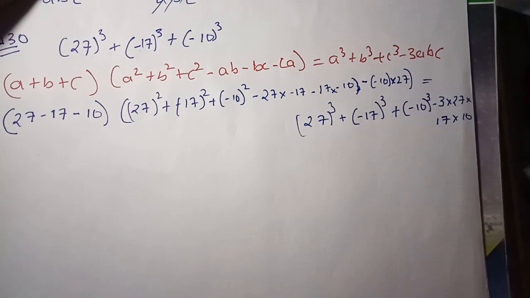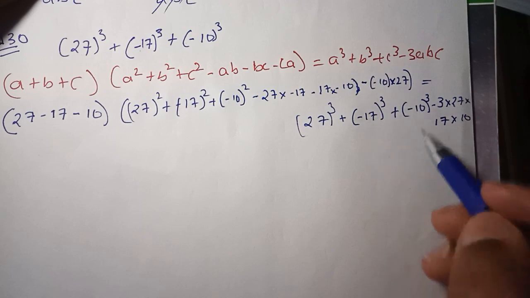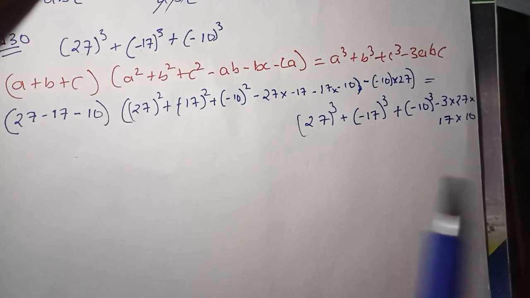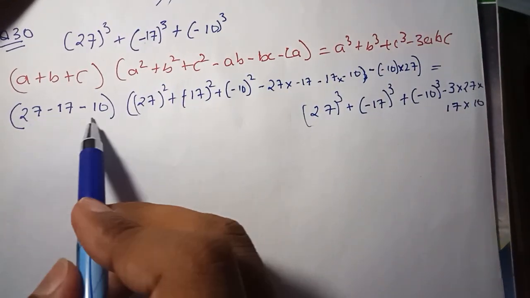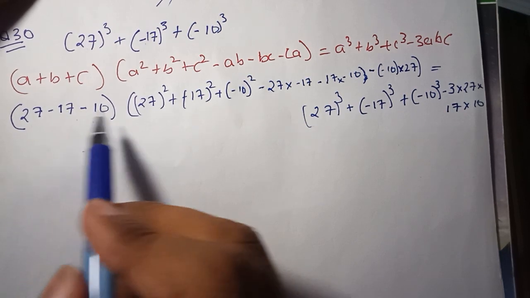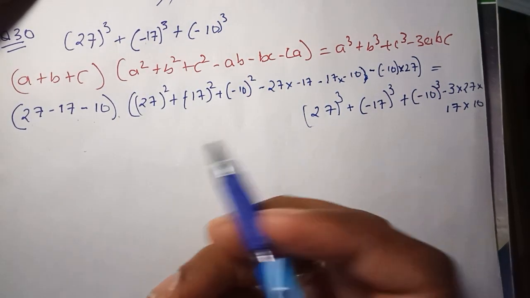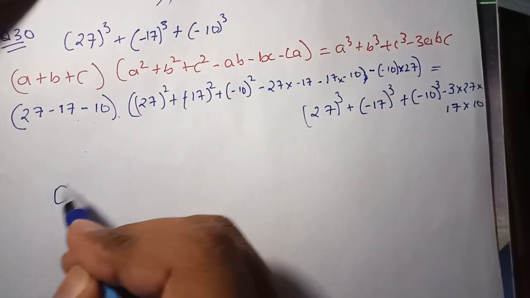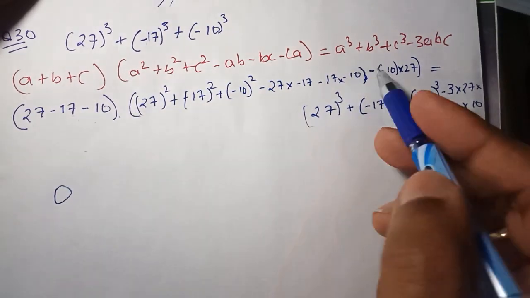I'm sorry, there's no space over here, I should have done it over here. Anyhow, when I solve this, what am I going to get? 27 minus 17 minus 10 equals what? 0. So when 0 gets multiplied by anything, it becomes 0.